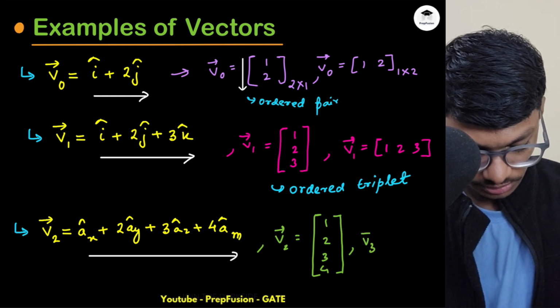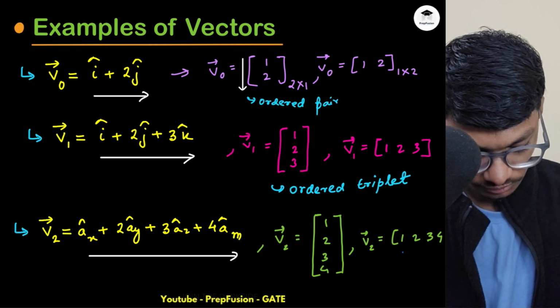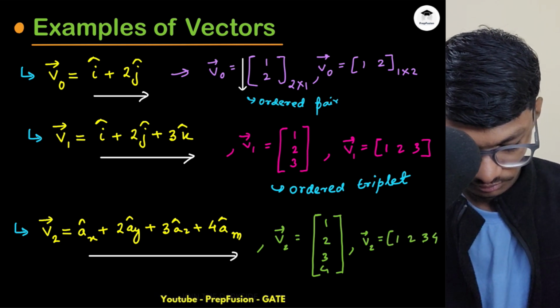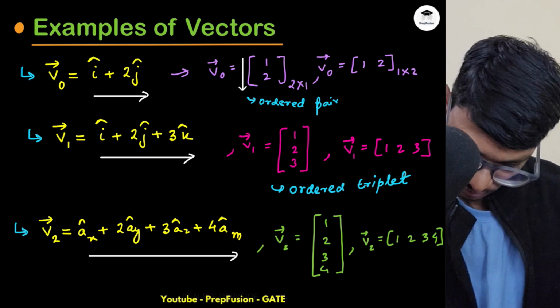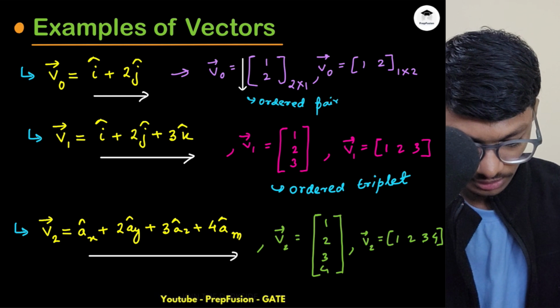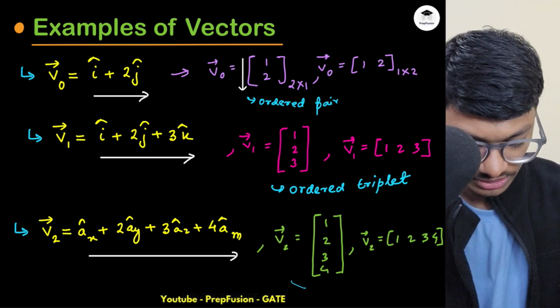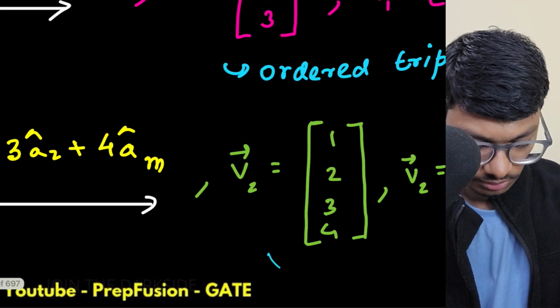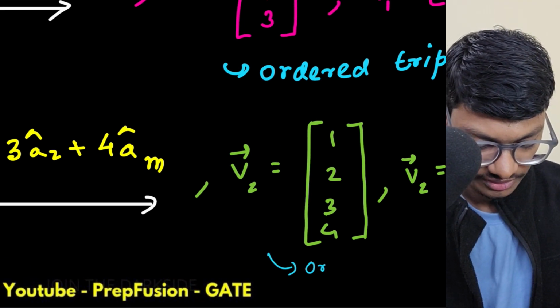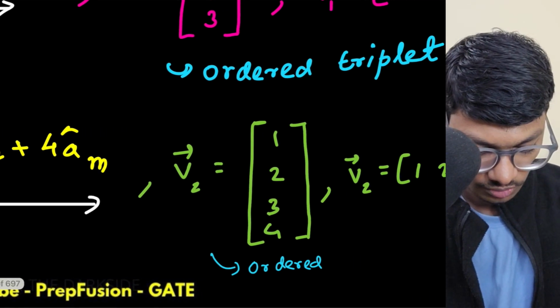Also I can write 1 2 3 4. So this is called an ordered quad. I'm just taking a few examples to make you comfortable with this concept of vectors. We will go very slow in this because many students get confused with this. This is called an ordered quad.